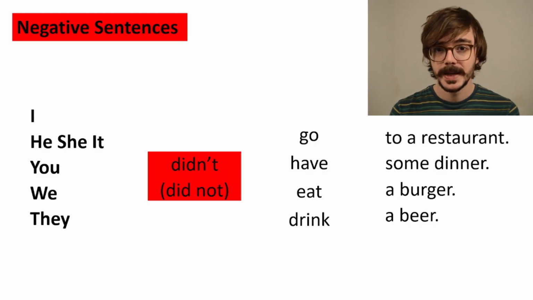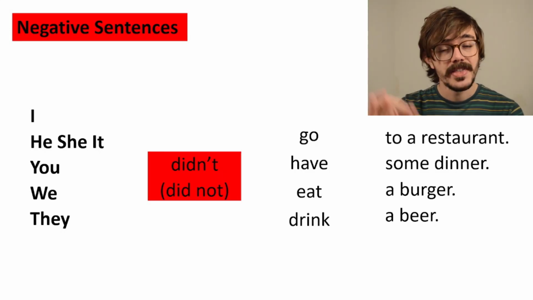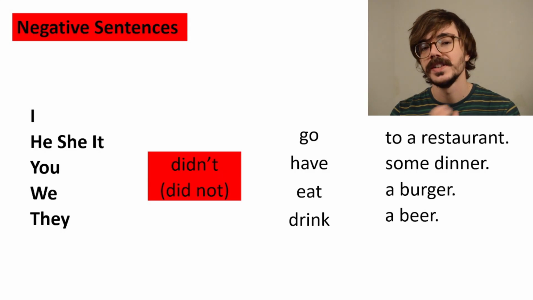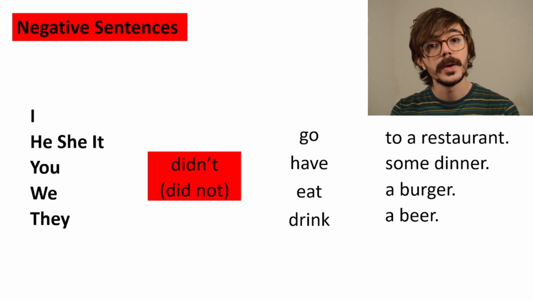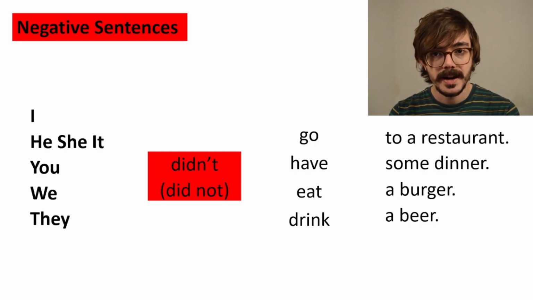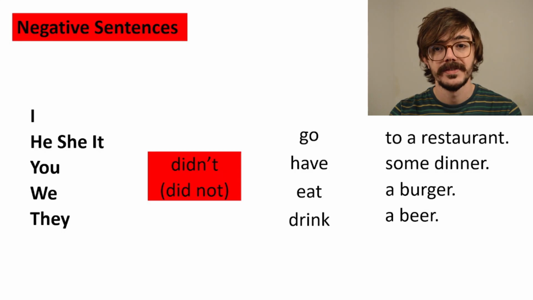We didn't drink beers. And notice again, in the negative sentences and in the questions, our main verb is just the infinitive again. I didn't go. I went in the positive and I didn't go in the negative. I had in the positive, I didn't have in the negative.